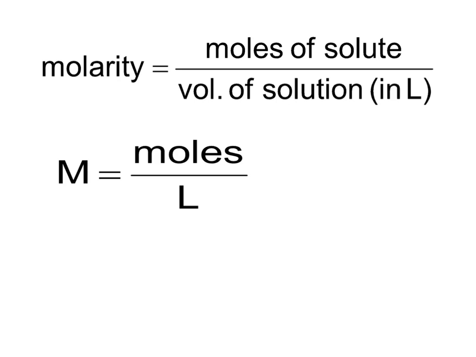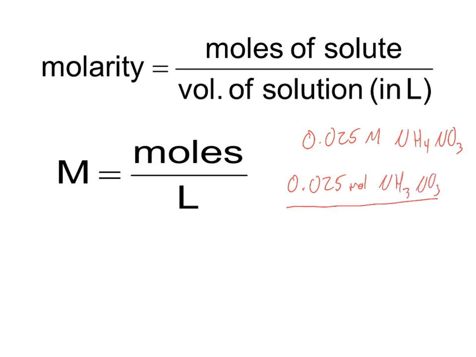Molarity is just another conversion factor like many others that we've looked at. It's our number of moles divided by our number of liters. And so, for instance, if we have a 0.025 molar solution of ammonium nitrate, then that equals 0.025 moles of ammonium nitrate per liter of ammonium nitrate solution.